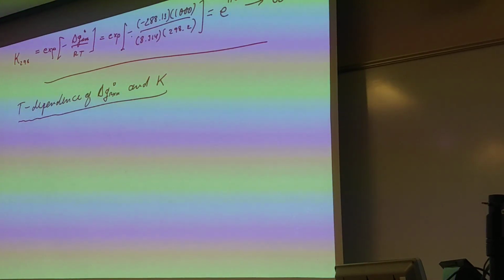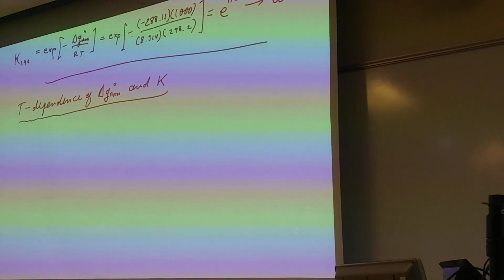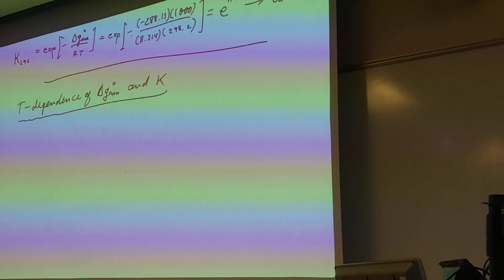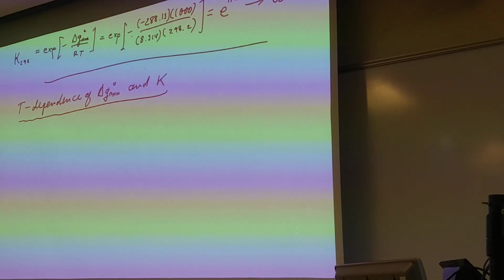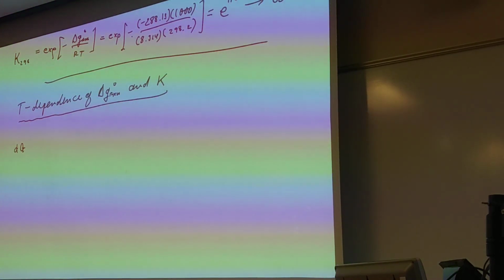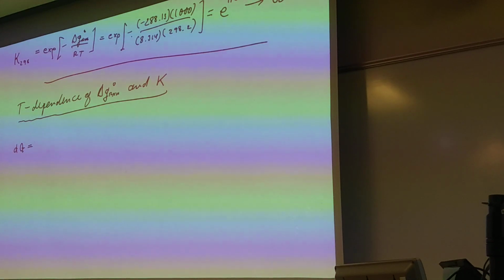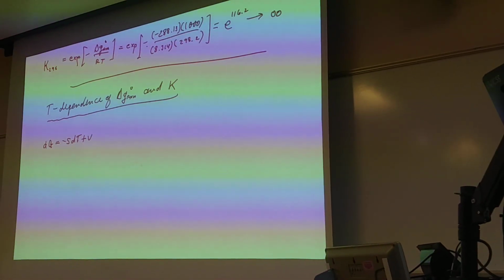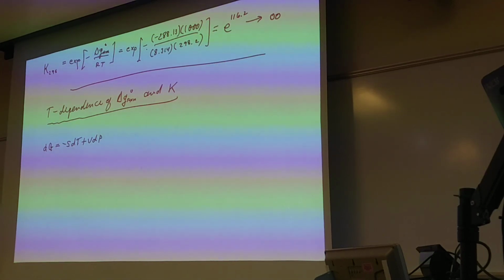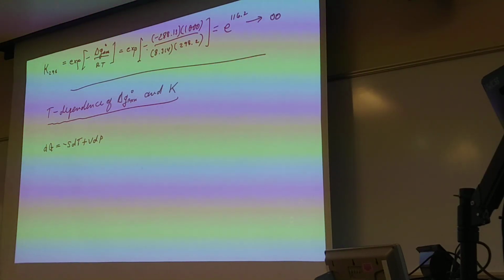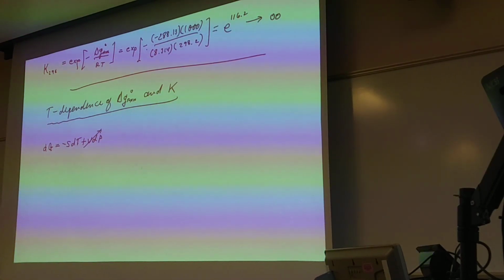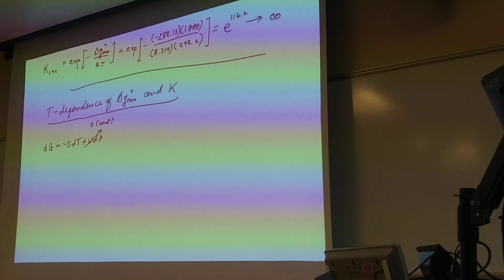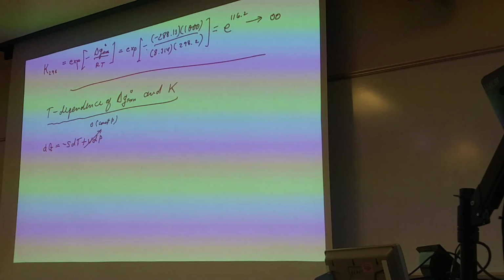So we have to go back now to look at the more fundamental issue of the temperature dependence of a Gibbs free energy quantity. And so let's go back to our fundamental equation for that. dG is equal to minus SdT plus VdP. And we're looking at the case of constant pressure. That's all at the standard pressure of 1 bar.